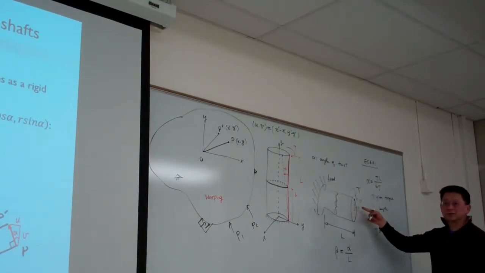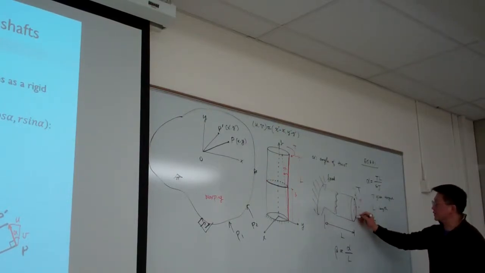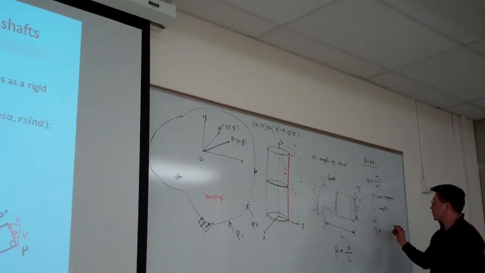For a solid shaft of radius r, that is pi r to the fourth divided by 2.